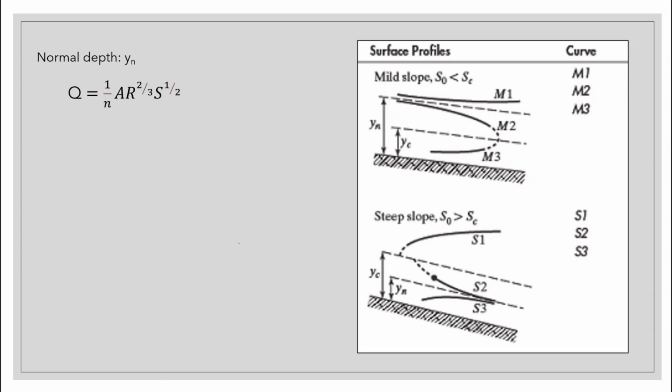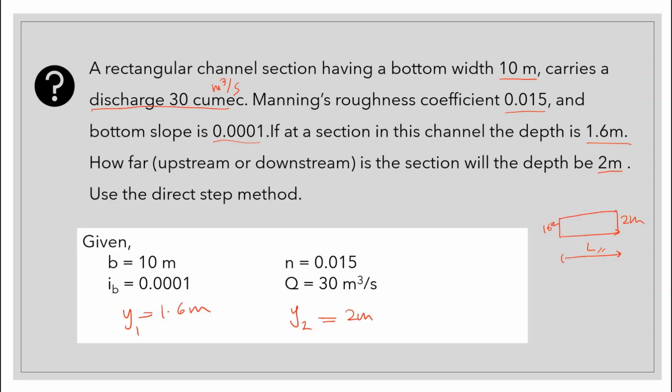As I mentioned before, we have to divide the entire section into small sections of length dx, and finally add up all the lengths between these sections to obtain the total length. Before that, we have to find out what type of slope this is.